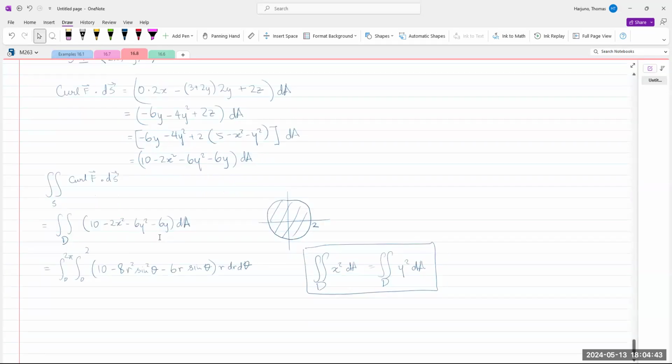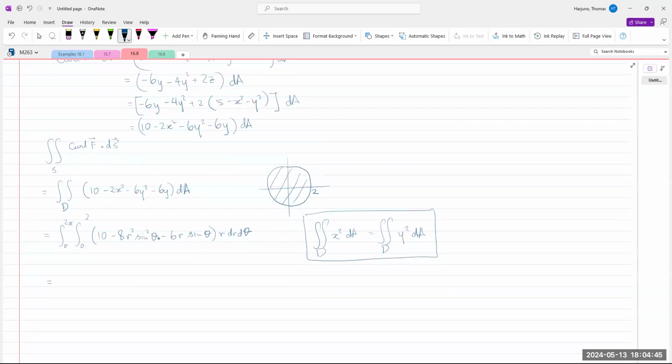Now this gives us the first part. Let me mark it this way. This part gives us 10 times the area of D. This part will go to 0.